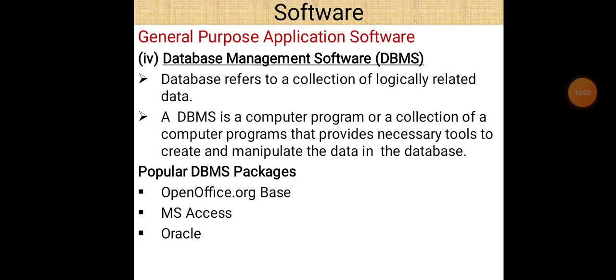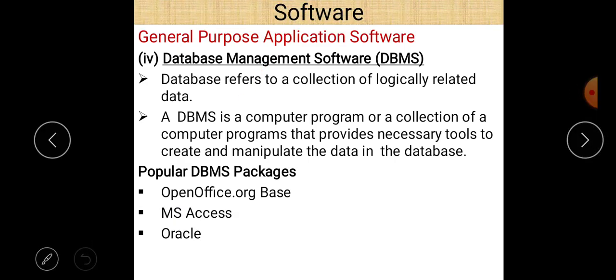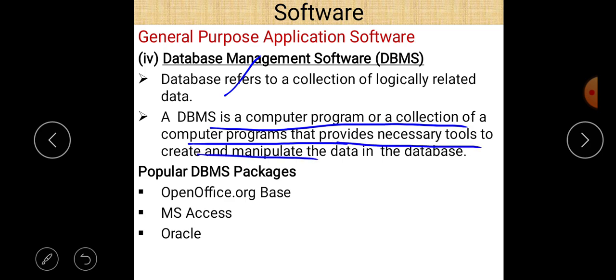First, a database refers to a collection of logically related data. Second, a DBMS is a computer program or a collection of computer programs that provides necessary tools to create and manipulate the data in the database.